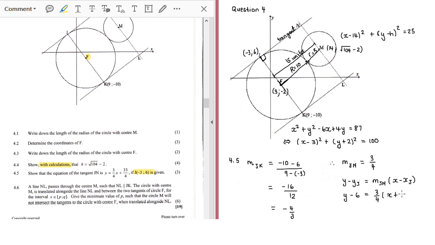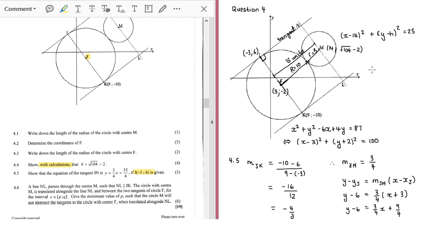We're going to have a double negative, so let's just write this as plus 3. Simplifying, y minus 6 is equal to 3 over 4 x, and then 3 over 4 times 3, which is 9 over 4. Then I'm going to carry on up here.